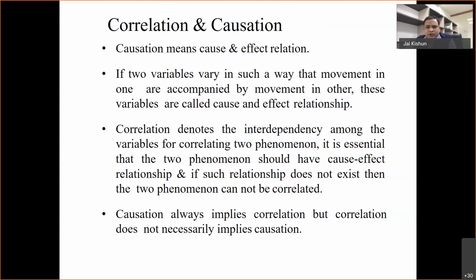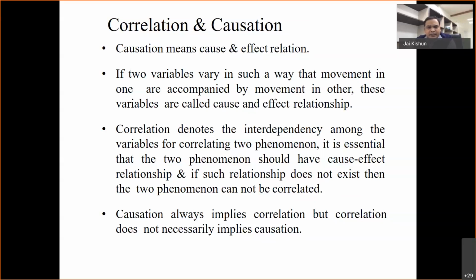The correlation denotes the interdependency among the variables. For correlating two phenomena, it is essential that the two phenomena should have a cause and effect relationship, and if such a relationship does not exist, then two phenomena cannot be correlated. The fourth point is important: causation always implies correlation, but correlation does not necessarily imply causation.